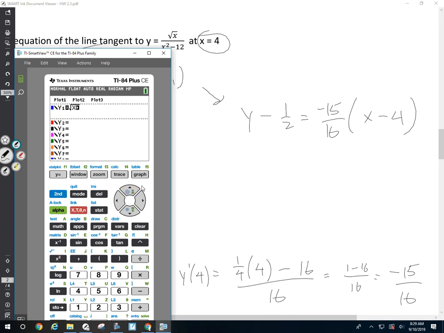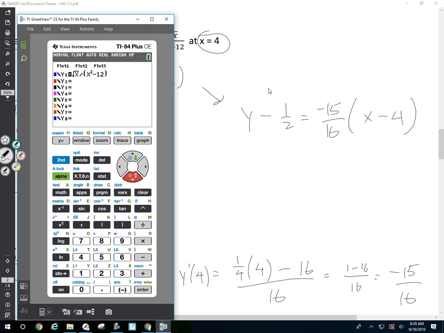Root x over x squared minus 12, close parentheses. Solving this quickly for y, negative 15/16 x minus 4 plus 1/2.